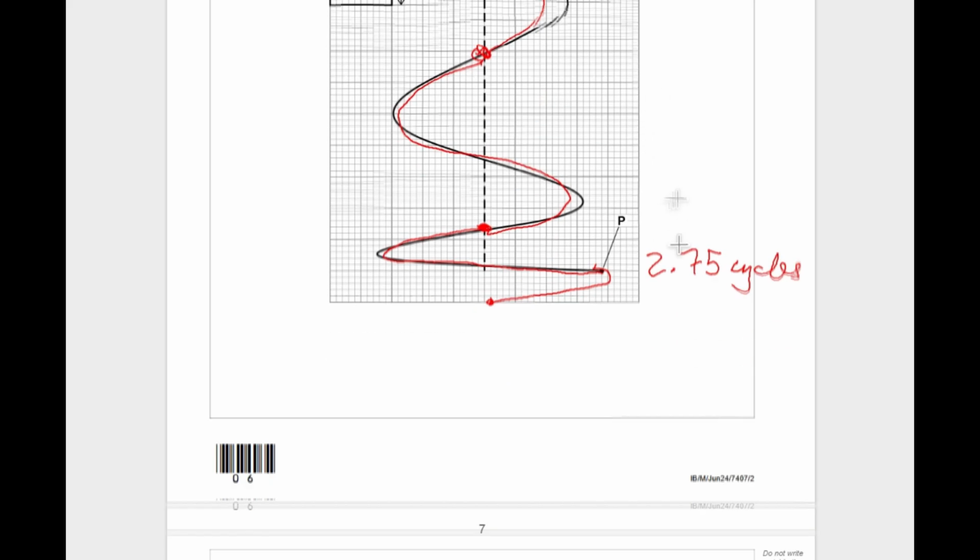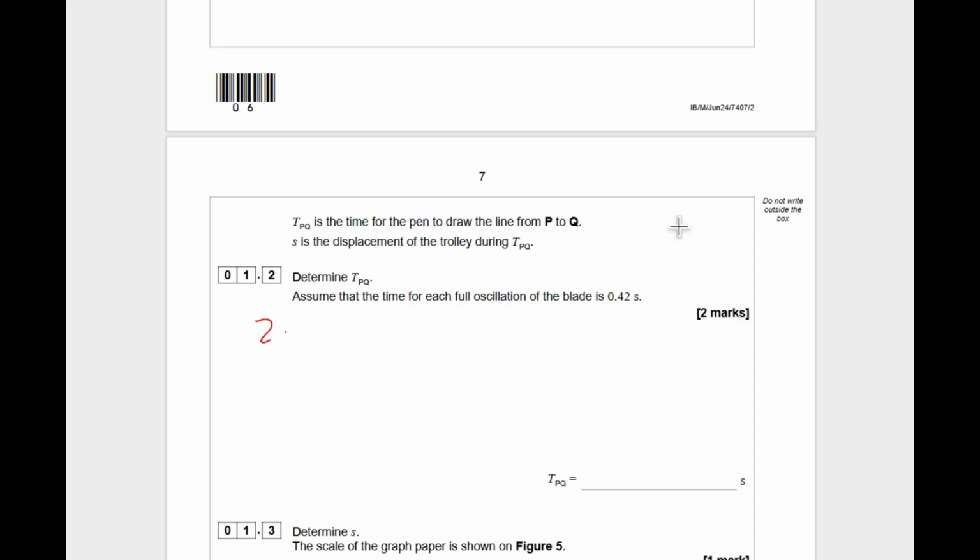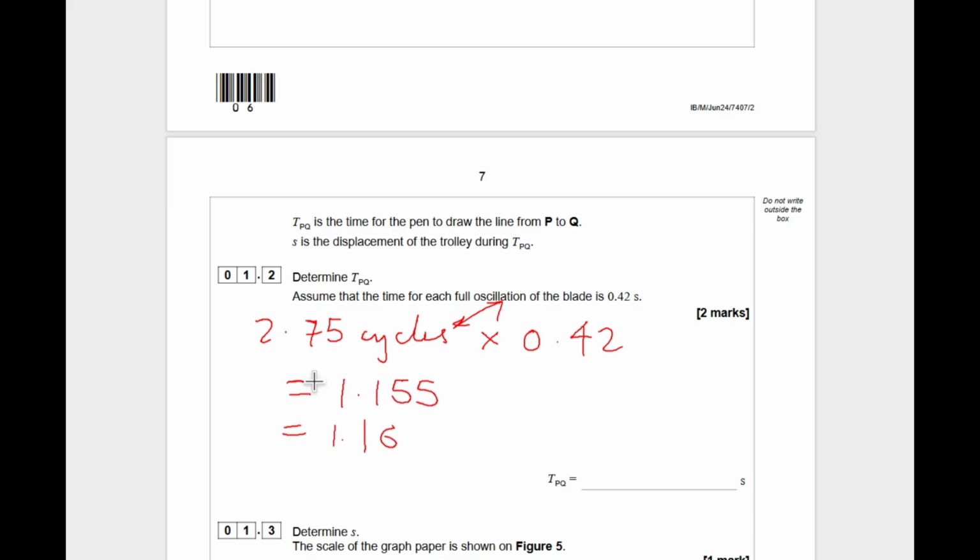So 2.75 cycles or oscillations, and each one is 0.42, so you multiply by 0.42. When I put that in my calculator, I get 1.155 or 1.16 seconds. So I've got the time taken.